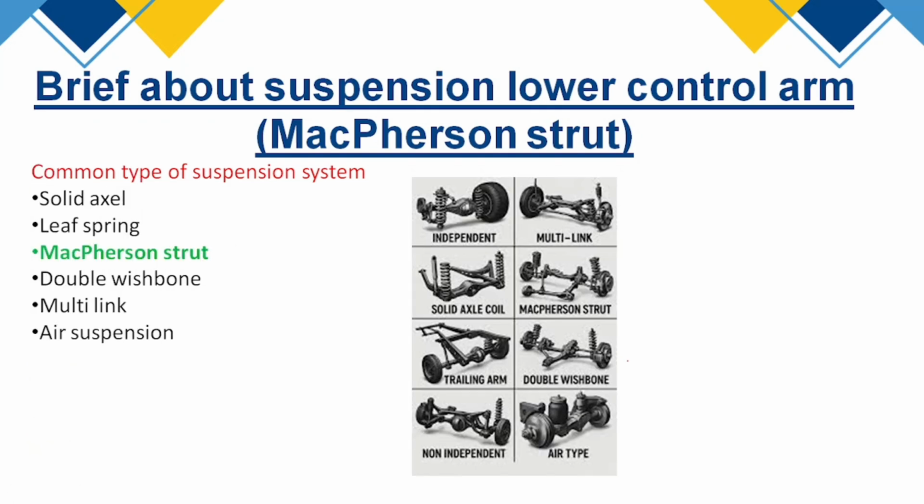Some common types of suspension systems are solid axle leaf springs, which you will generally see in heavy vehicles, trucks, or the old automobiles. You will find the leaf spring. McPherson Strut, which we will talk mostly about in this session. Then double wishbone, multi-link and air suspension.